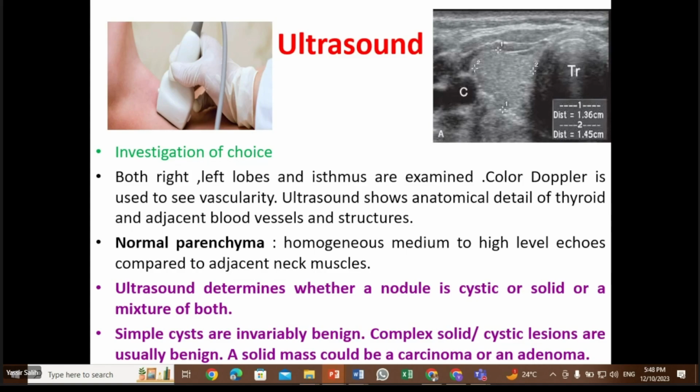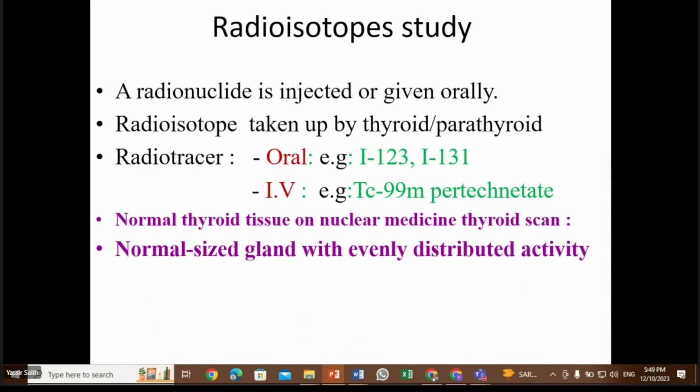What we fear is a solid mass, which could be carcinoma. A complex cystic and solid lesion could be benign or malignant, usually benign, but a simple cyst is invariably benign.